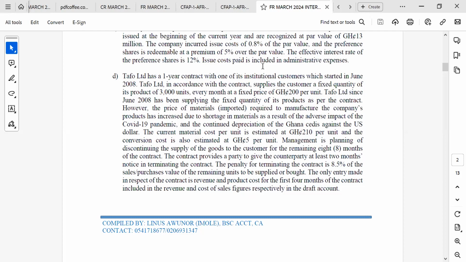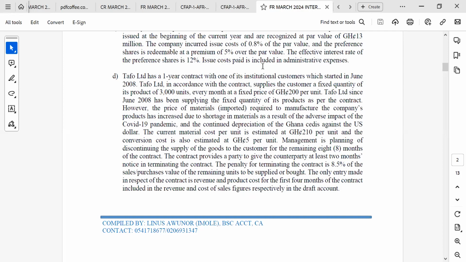Okay. What is the contract price? 200 Ghana cedis. Okay. So how many units are we going to supply for the 8 months now? 24,000. Okay.